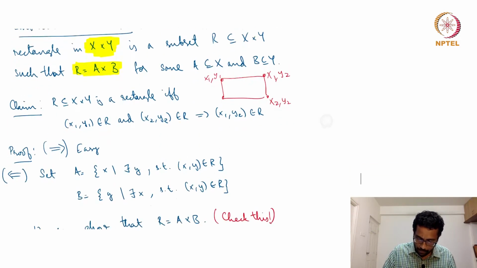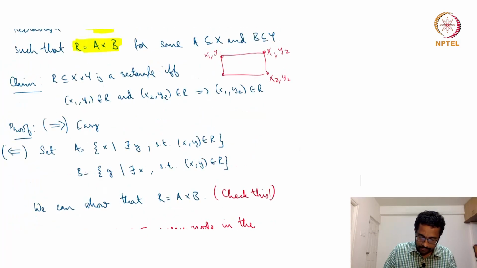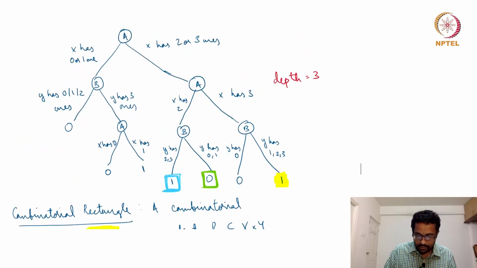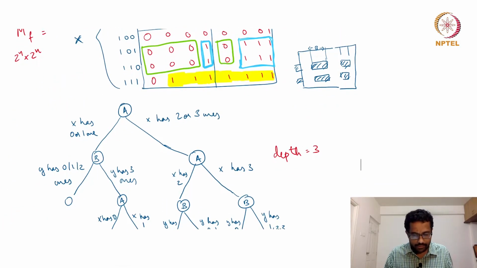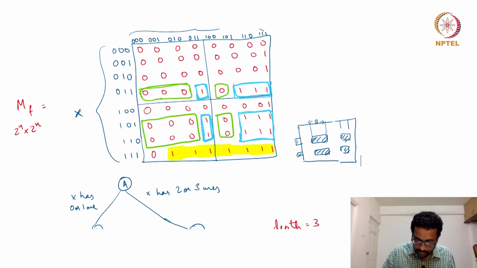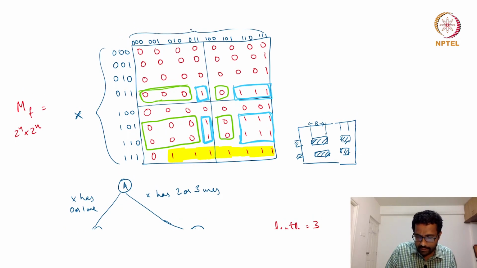Okay, and the key point here is, why did we define this? We observed that all the entries that correspond to a certain leaf are combinatorial rectangles. And not just that, all the entries corresponding to a leaf output the same value.